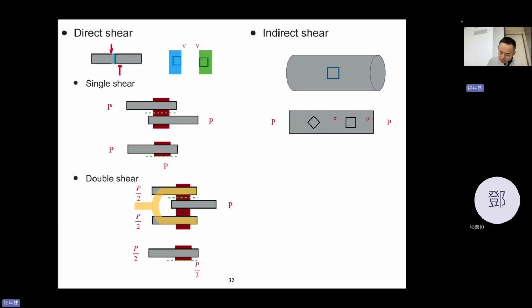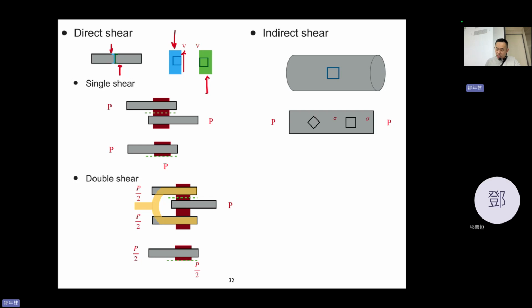So you can see the force here, and if I want to see the shear stress at that surface, we just cut it and separate them. On the left hand side, that surface needs an upward V to balance the material.